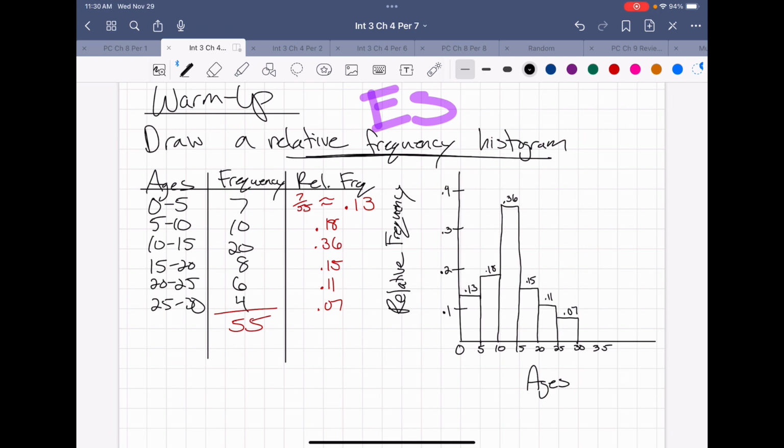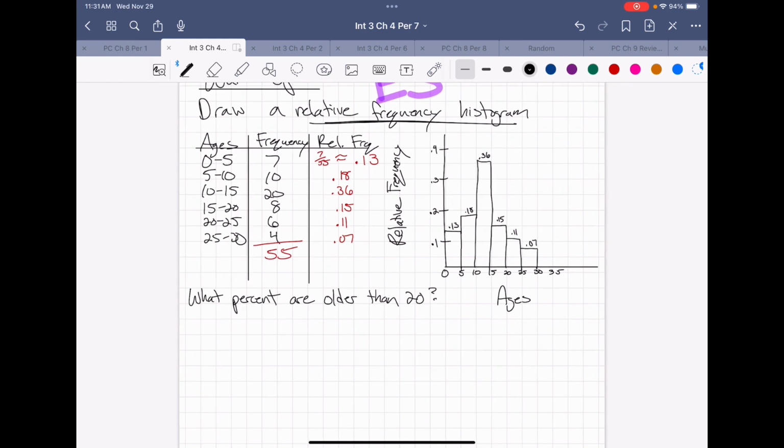But we will probably ask you questions. What percent are older than 20? See if you can answer that question. Also, what percent are younger than 10?